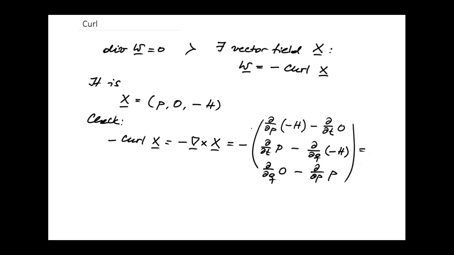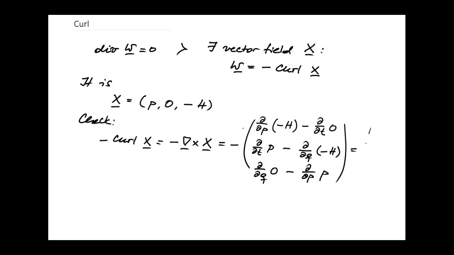And you see indeed the first component minus the partial of h with respect to p, and then a total minus sign in front gives the partial of h with respect to p. For the second component, the partial of p with respect to t vanishes.